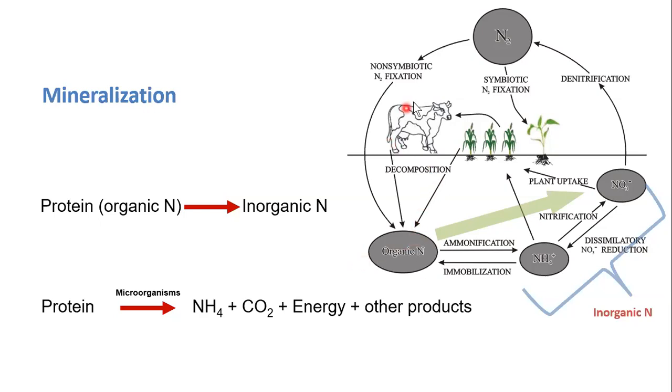So whatever we are adding in the form of animal manure, crop residues, or even the microbial mass in the soil cannot be directly taken up by the plants, but must be converted into inorganic N. This process is called mineralization, and you can clearly see it in the nitrogen cycle as well.